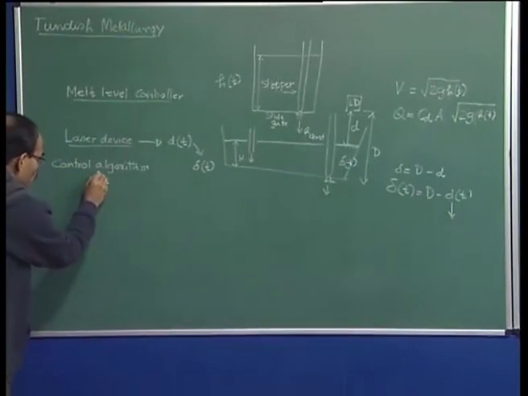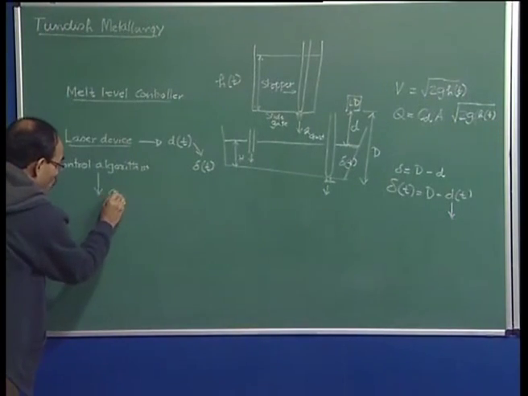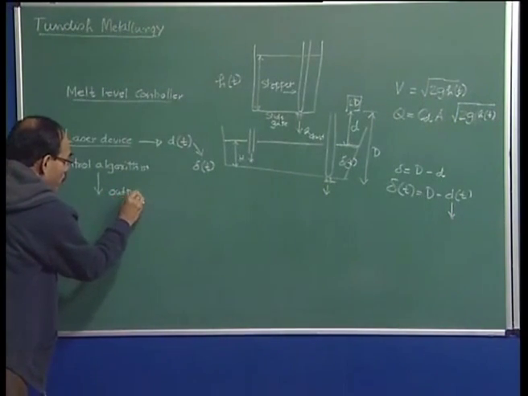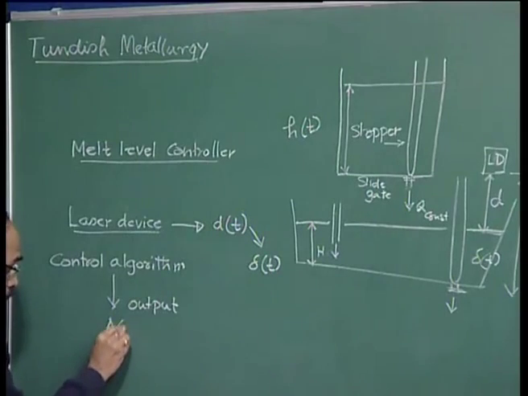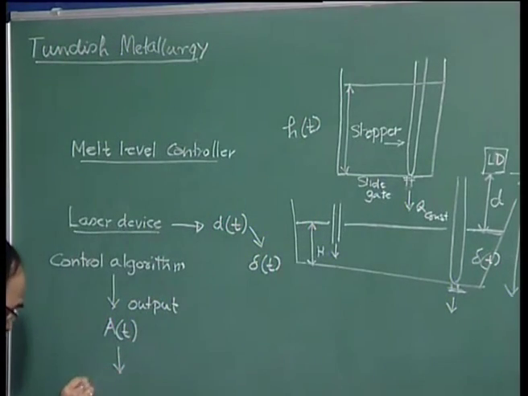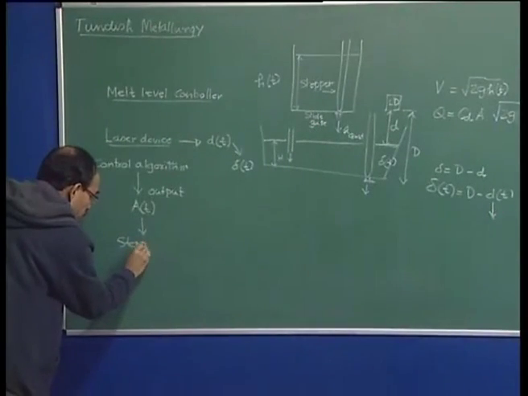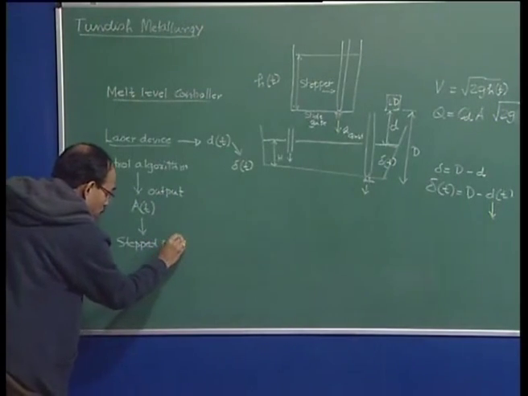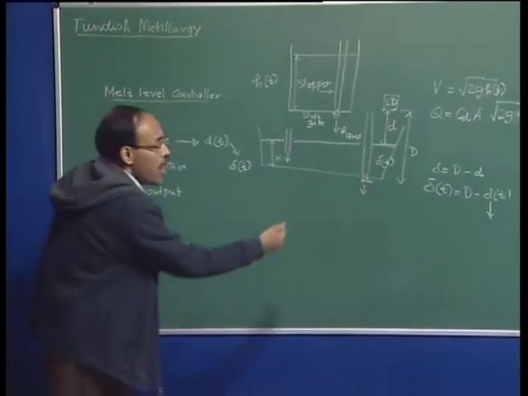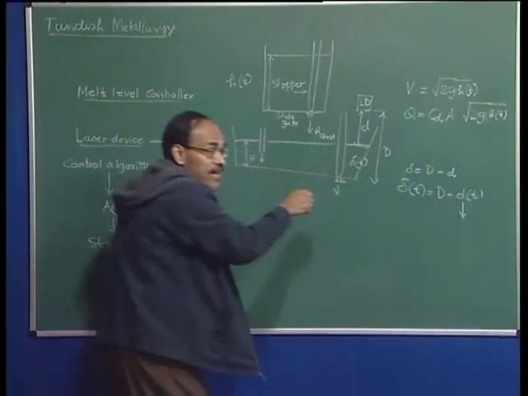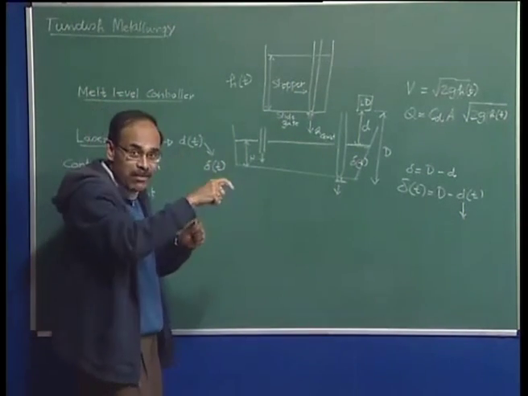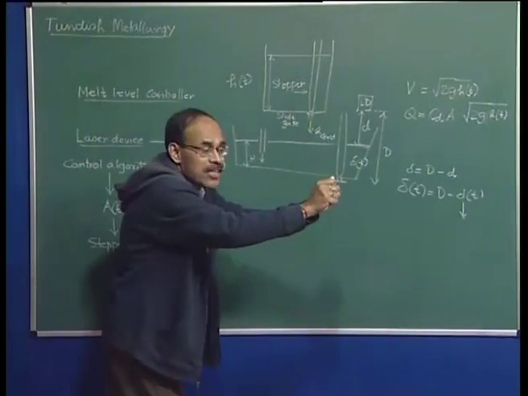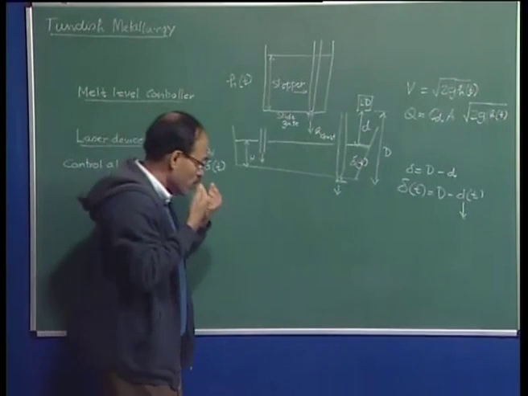So, the control algorithm is going to make an output, and that output is nothing but A sub t, and then there is going to be a step motor, and this step motor is going to either close this aperture or open it. The slide gate, the name essentially tells it is a gate valve, but you just slide it, then it gets closed, you take it away, it opens.